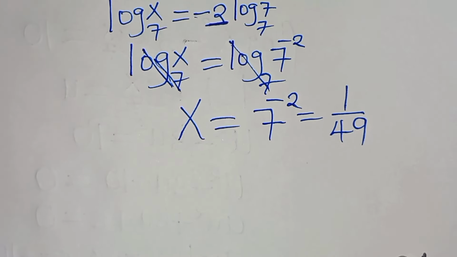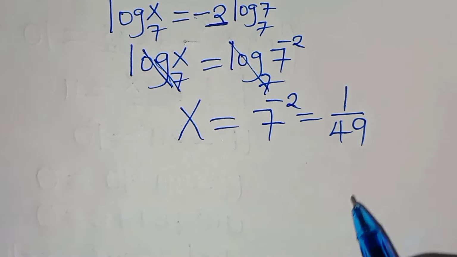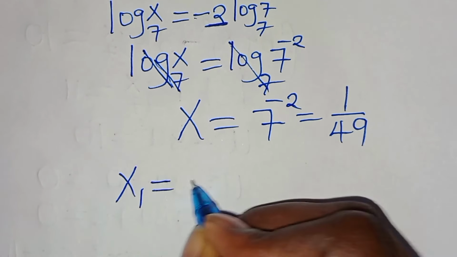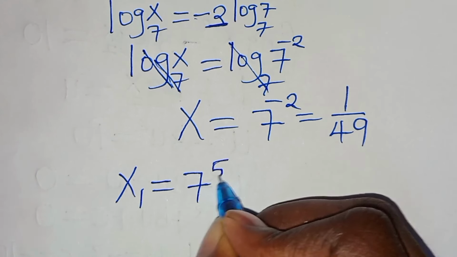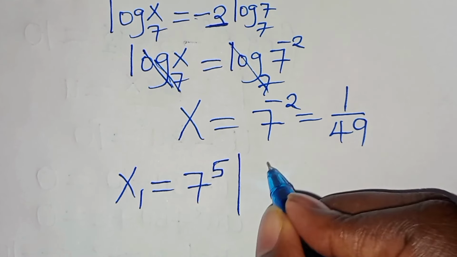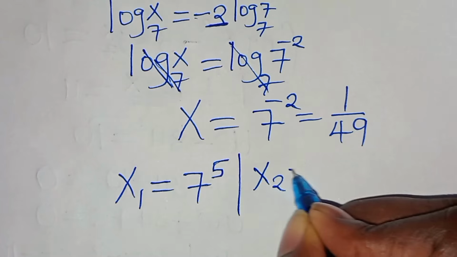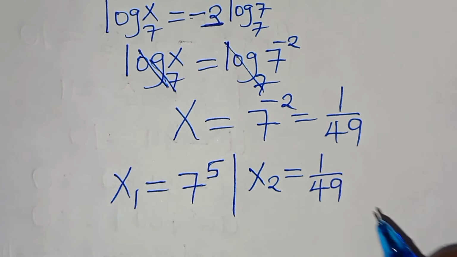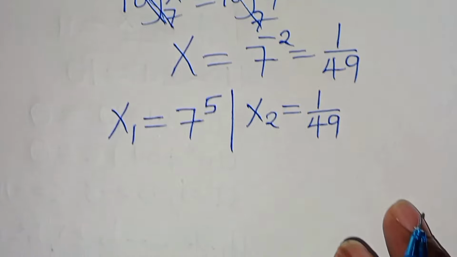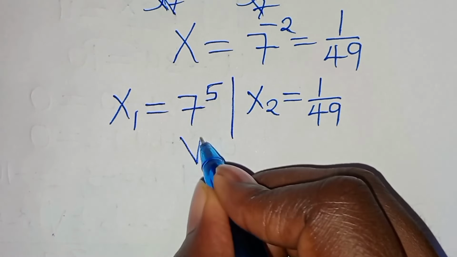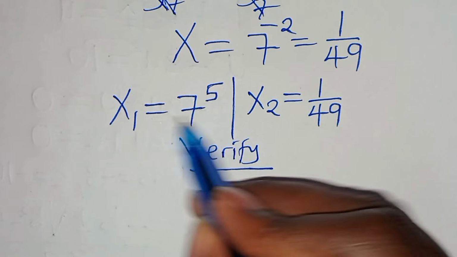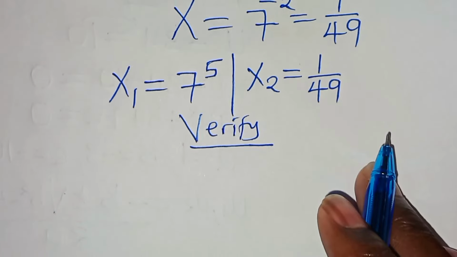So we have two values of x in this logarithm math problem, so that we have x1 is equal to 7 to the power of 5, and we have that x2 here is equal to 1 over 49. So the next step from here is to verify. We can verify here if these two values of x satisfy the equation.